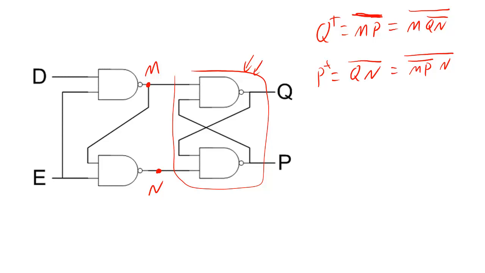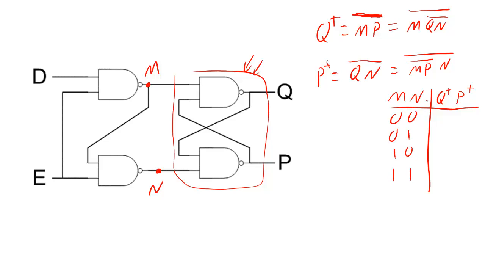Okay, so now we know what the value of each of these Q and P are with respect to their own inputs. So what we can figure out here is that if we put M and N in for Q plus and P plus, we put 0, 0, 0, 1, 1, 0, 1, 1. When M and N are both 0, so this will be 0 ANDed with anything is equal to 0, which becomes a 1.